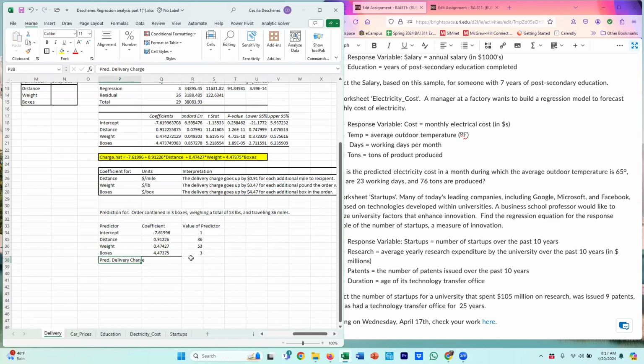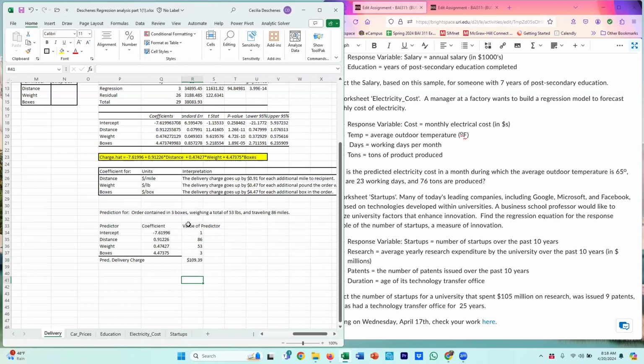All right, so we're going to use the sum product. So equals sum product. And you don't have to do this. You can type it out all the long way into the equation. That's in yellow right there. But I prefer to use sum product to do that for me. So I get this, and I want to format this as currency because it's the charge, right? It's the delivery charge in dollars.